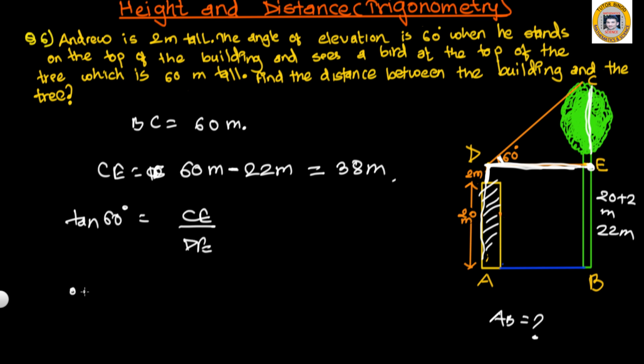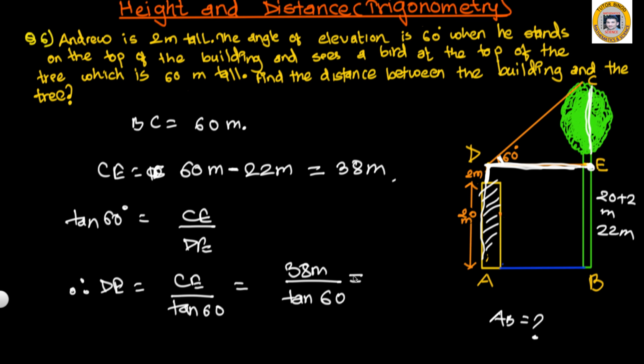I'm supposed to solve for DE, so DE equals CE over tan 60. CE is 38 meter, whereas I should divide this by tan 60. So 38 over tan 60 is 21.93 meter. So the distance between A and B, or the building and the tree, is 21.93 meter.